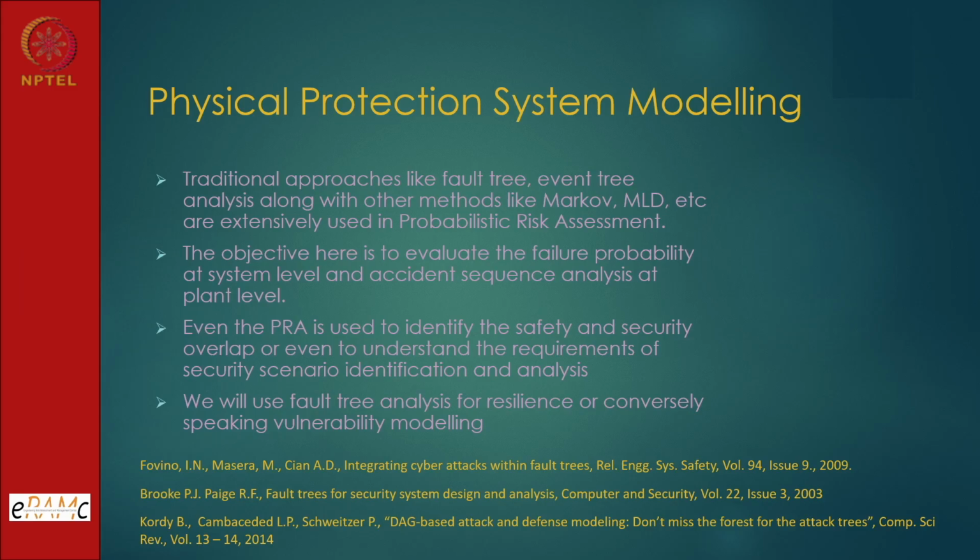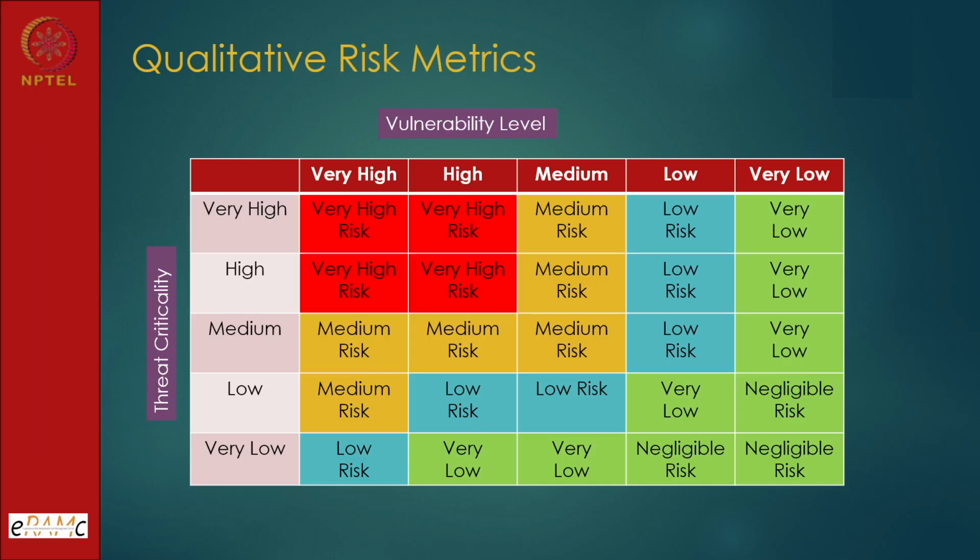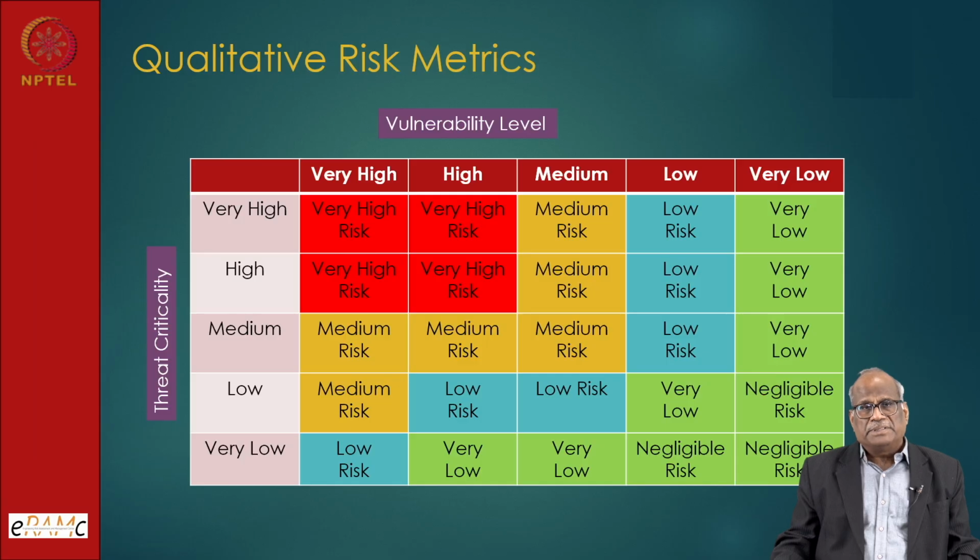But looking at the literature, it appears that probabilistic security risk assessment can depend on Markov modeling, fault tree, event tree, and other tools. So once we have come here, what do we get? At the end of the event tree, we get the accident sequences which contribute to the risk. Now, as I said, some are very high and some very low on the event tree.